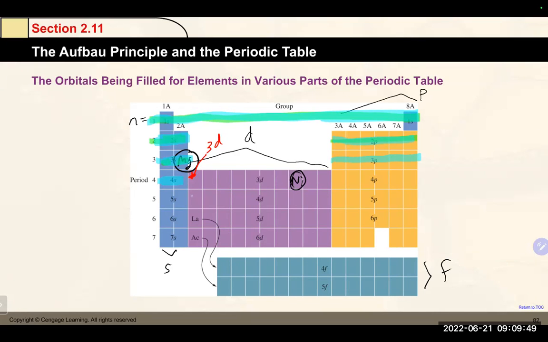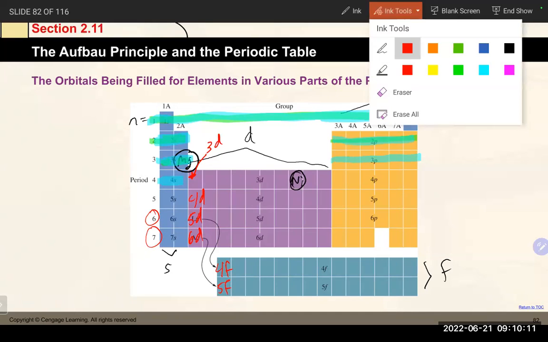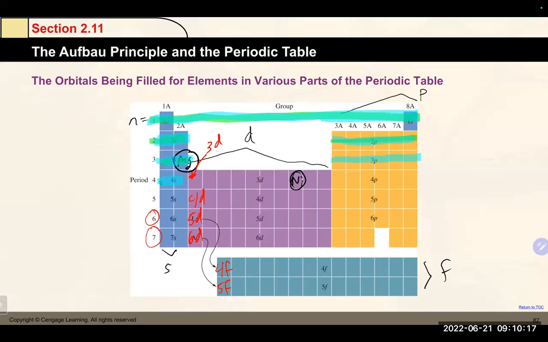That's 3d. This would be 4d, 5d, and 6d. And the f's are two behind the period number, 4f and 5f, as those two go right there. So as we count, we want to make sure we didn't mess up. At this point, again, 4s2, and this would be 3d, 1, 2, 3, 4, 5, 6, 7, and 8. 3d8 by counting it off right there.